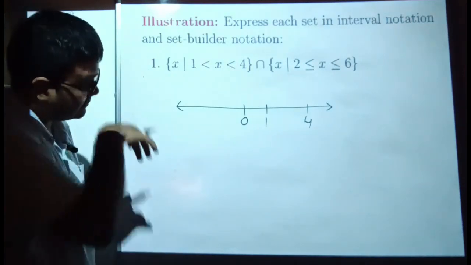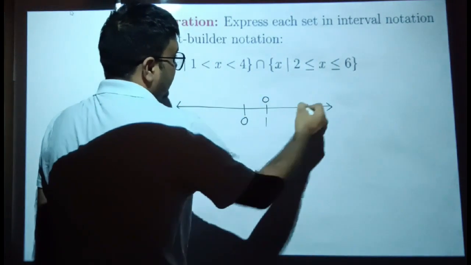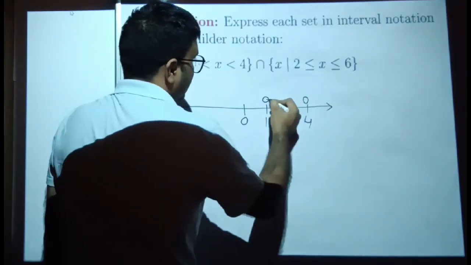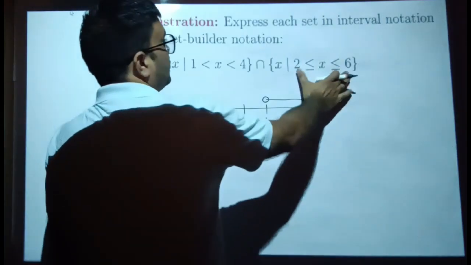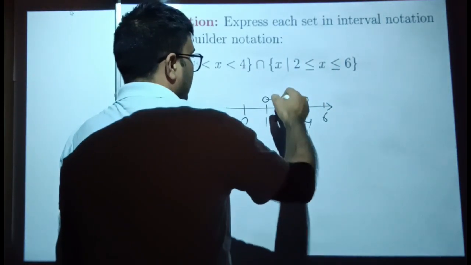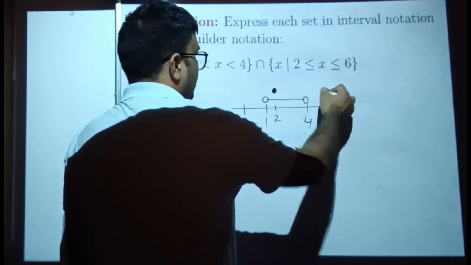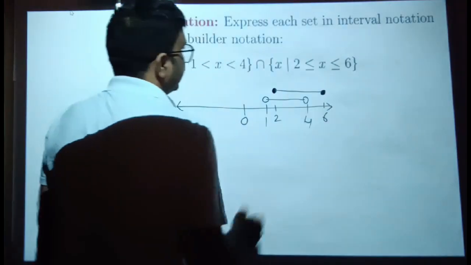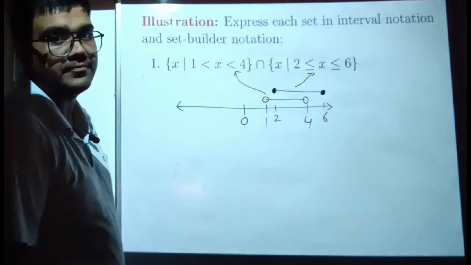So 1 is less than X is less than 4 means 1 is excluded, 4 is excluded, and we are talking about all the points in between. Then we have 2 is less than or equal to X, suppose 2 is over here, 6 is over here. 2 is included, 6 is included, and all the points in between these two. So these are the two sets we are talking about.